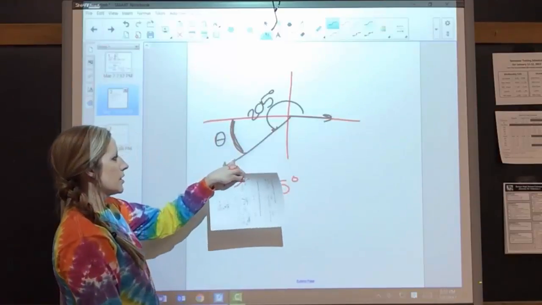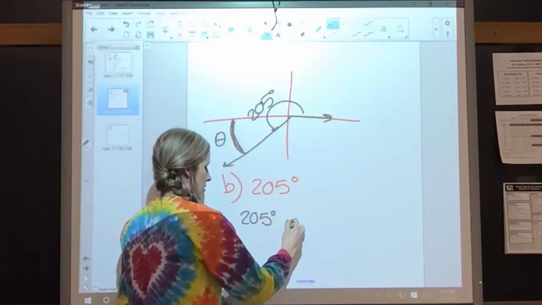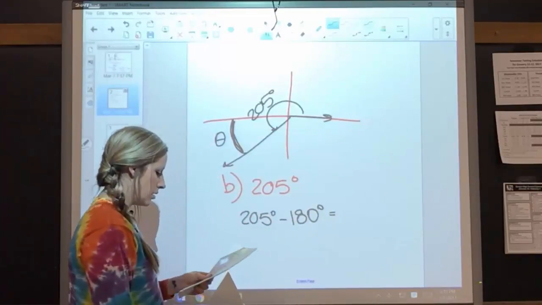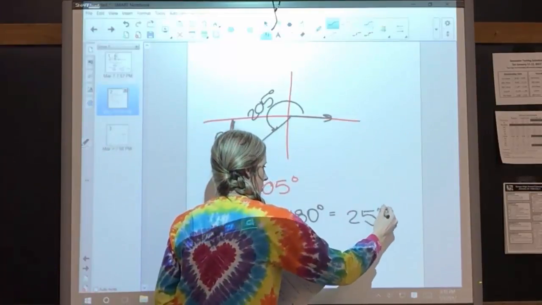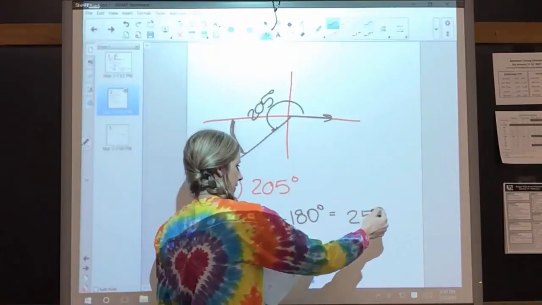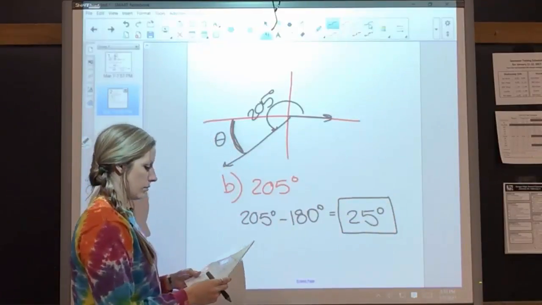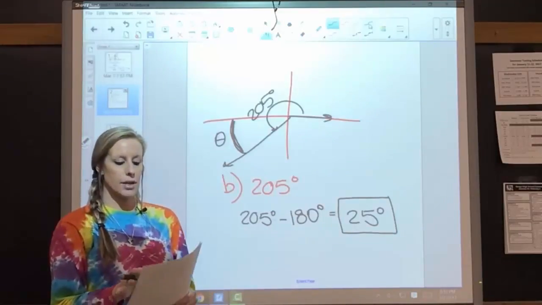Okay, so we want to take this angle minus 180 degrees. So 25 degrees. Your reference angle will always be positive.